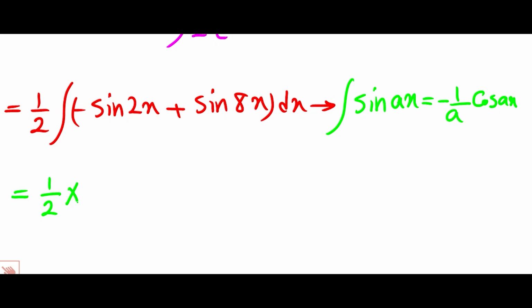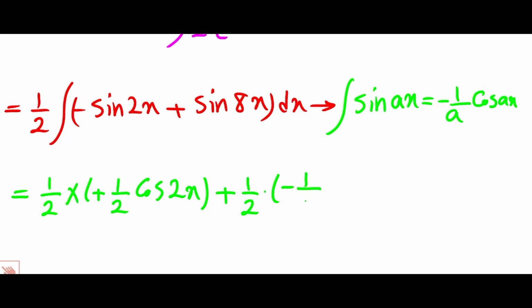1/2 times negative the integral of sine of 2x, according to this formula, equals negative 1/2 cosine of 2x, plus 1/2 times the integral of sine of 8x, which equals negative 1/8 cosine of 8x.